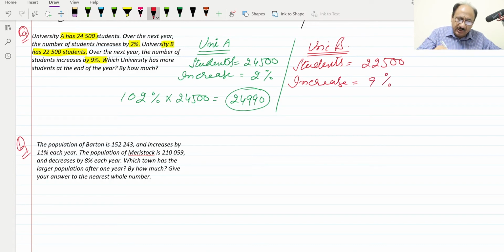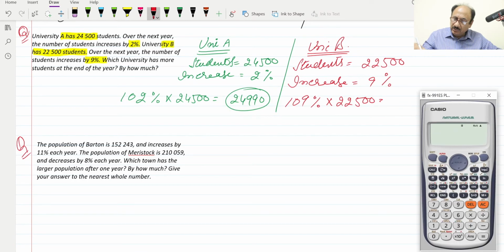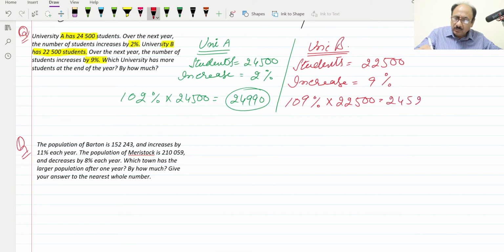Directly we will calculate 100 plus 9, so 109 percent of 22500, and this will be equal to 24525. This many students will be there.